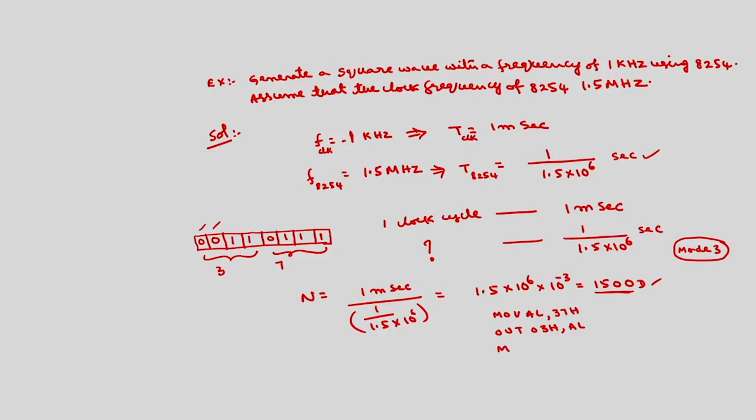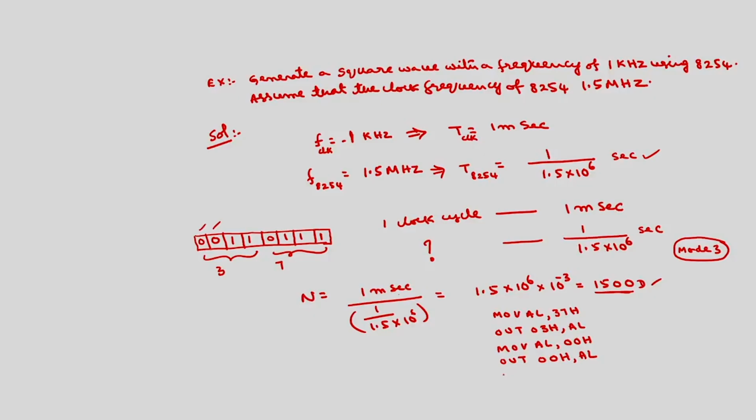For that you take the lower order value of the count into AL, 00H, then OUT onto counter 0 whose address is 00H, comma AL. The counter 0 address is 00, counter 1 is 01, counter 2 is 02 and the control word is 03 for the connections that I have shown in the earlier lecture.